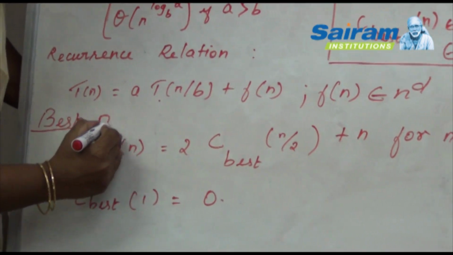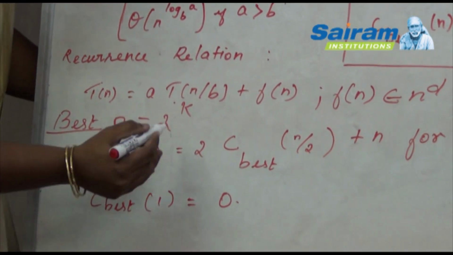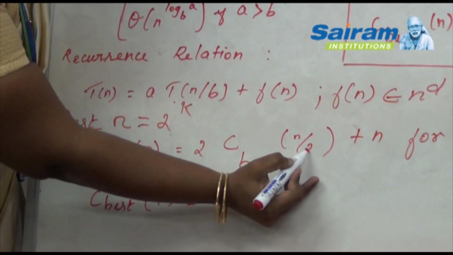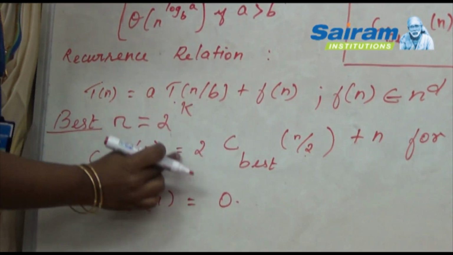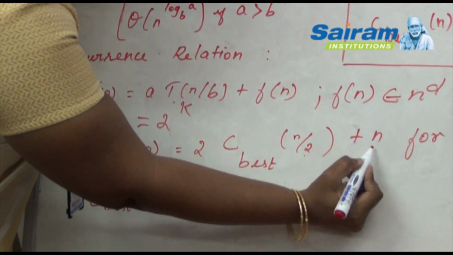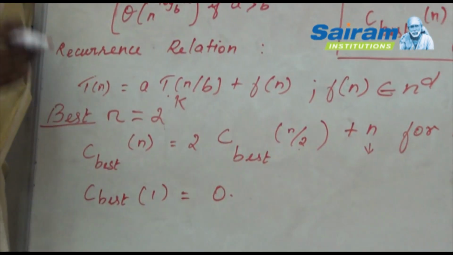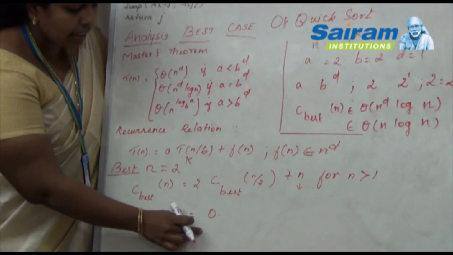Therefore, for simplicity, we always take n equal to 2 power k. If so, the array will be exactly divided into two halves. We have to solve both of these two instances, and finally we have to take all the n elements to produce the output. And C best of one element is 0.